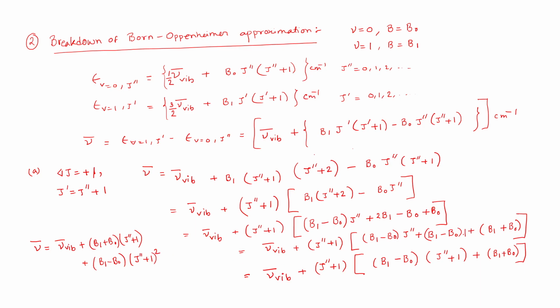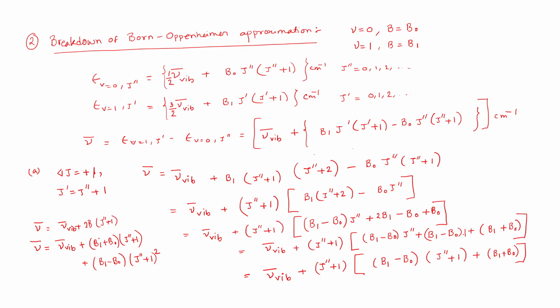So J prime whole square, this part is there. When the Born-Oppenheimer approximation holds, then you get nu bar is equal to nu v plus 2b, and J double prime plus 1, something like that.